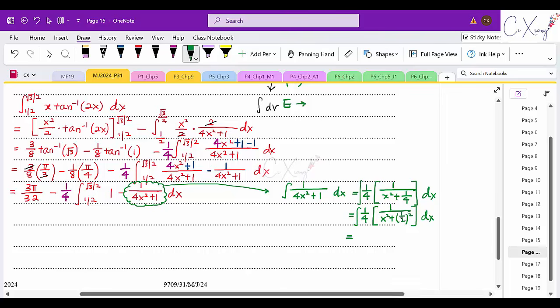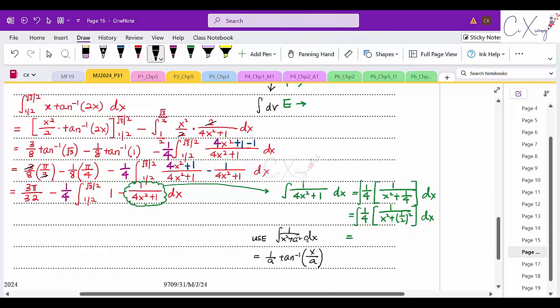So this particular pattern is actually related to this. When you integrate 1 over x squared plus a squared, you'll get 1 over a tangent inverse x over a.